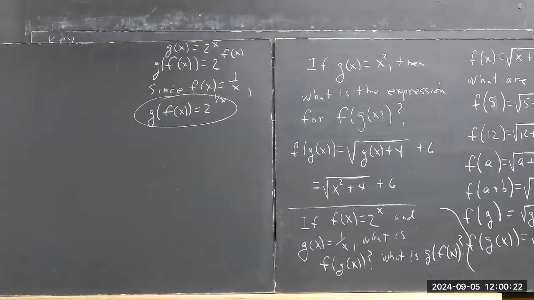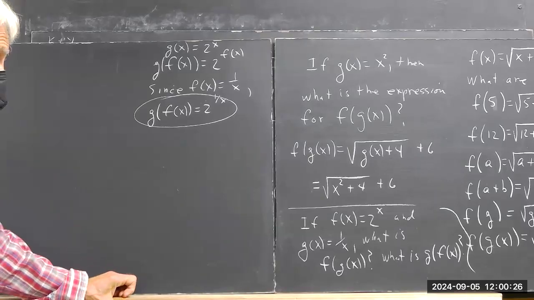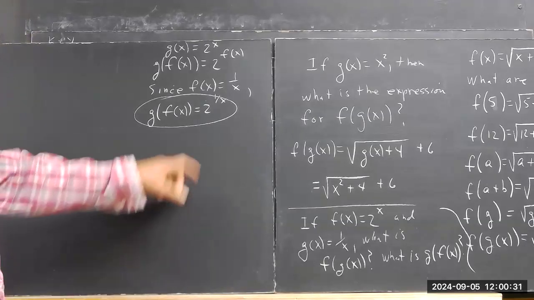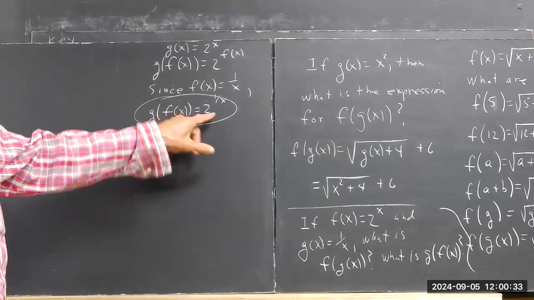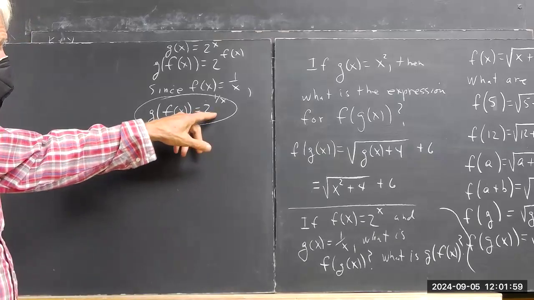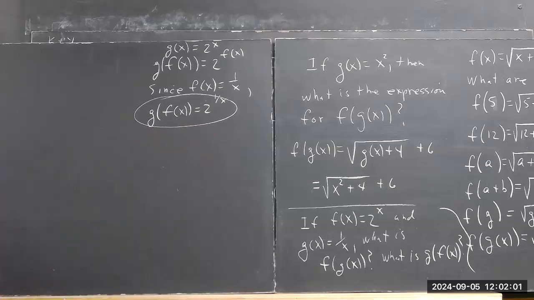Now I'm going to talk a little bit about at least the domain of this. Is there a number that you can't put in here for x? I just asked the question, is there any x that doesn't give you a real number when you do this?